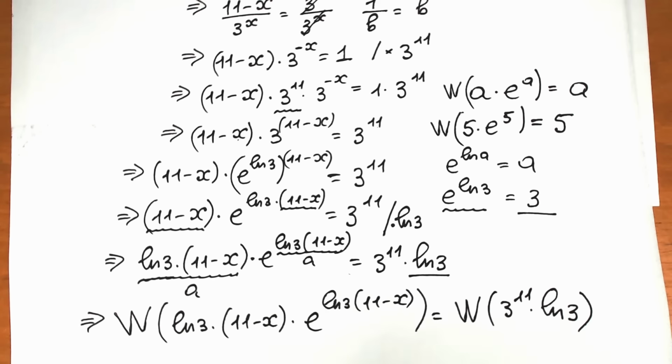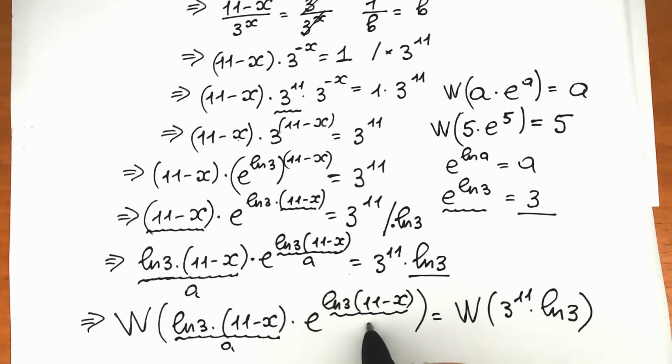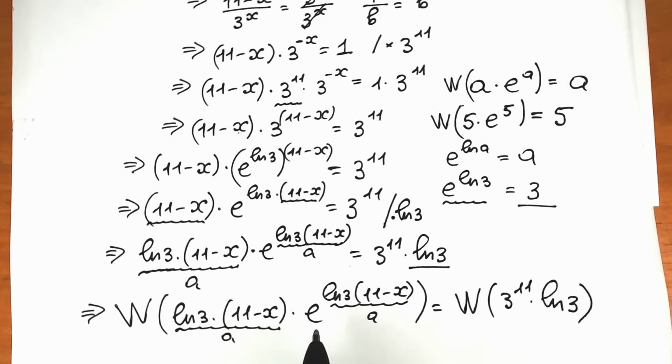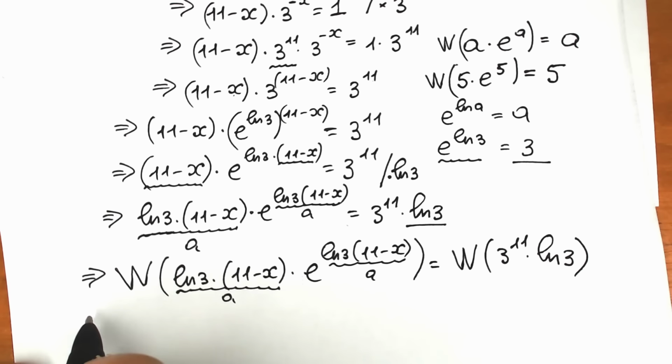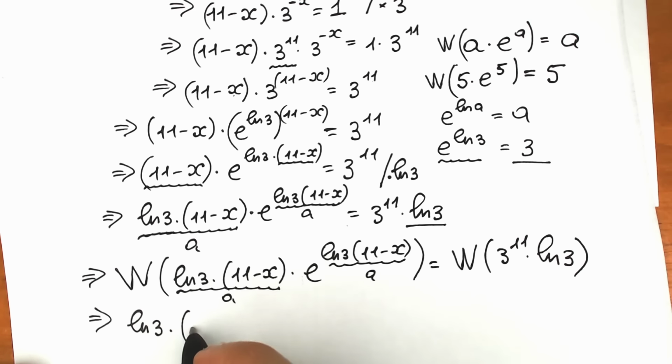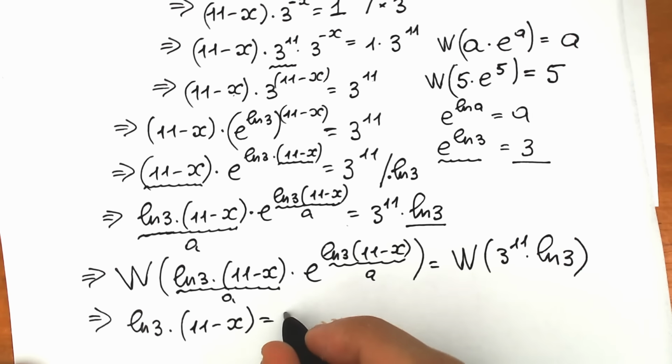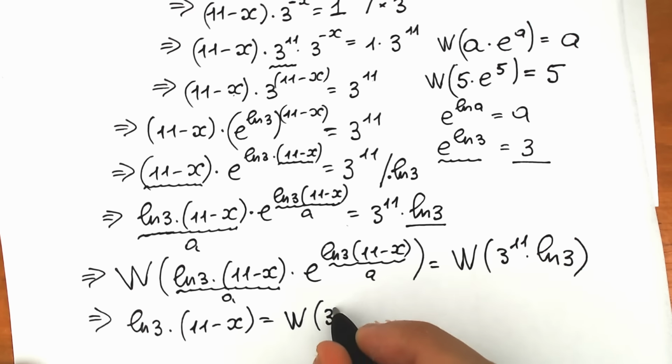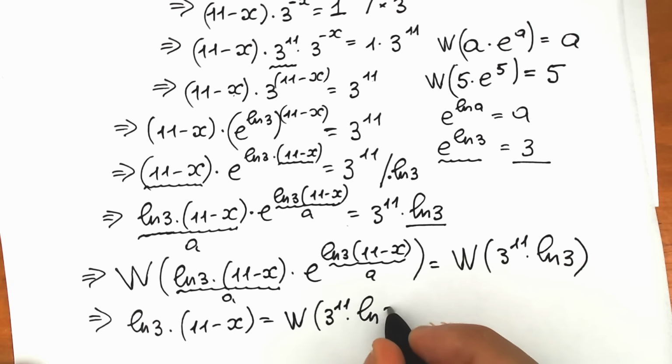Really great, but as I told before, this is our a, and we have our classic case according to Lambert W function. So this expression on the left side is equal to natural log 3 times 11 minus x, and equal to Lambert W function of 3 to the power 11 times natural log 3.